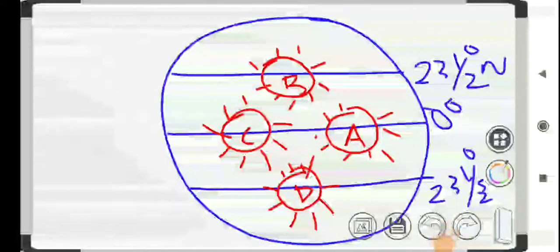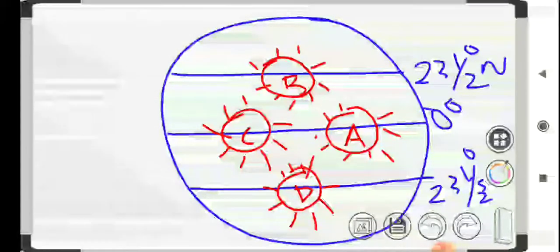In the position A, when the sun is vertically above the equator, what happens? Equal amount of sunlight is received in both the hemispheres.